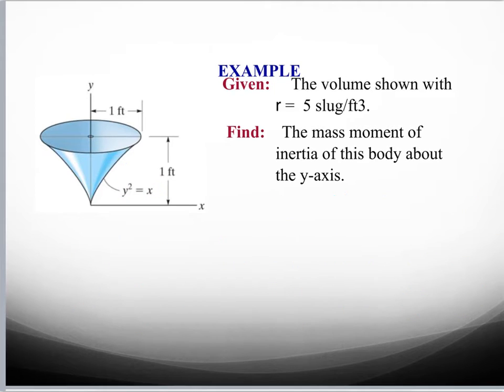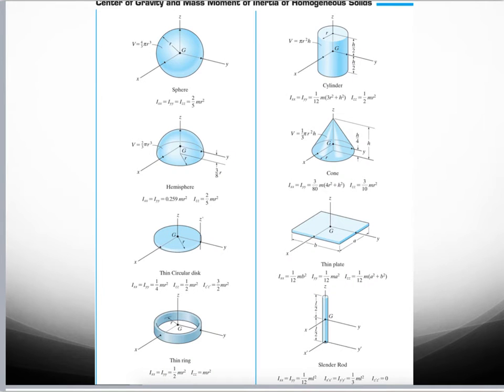Okay, so now we're going to look at some composite parts. And here are some tables of solids for our reference, because we might want to use these when we're using mass moment of inertia. And you can see that things are expressed in terms of mass and dimension.